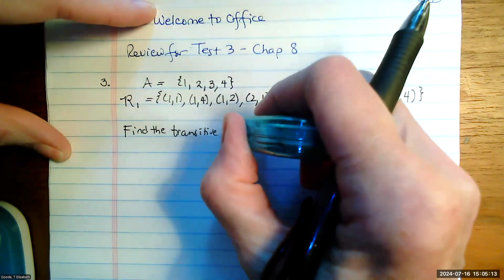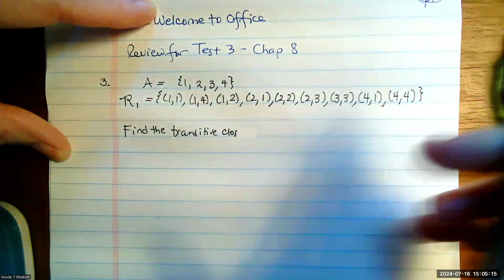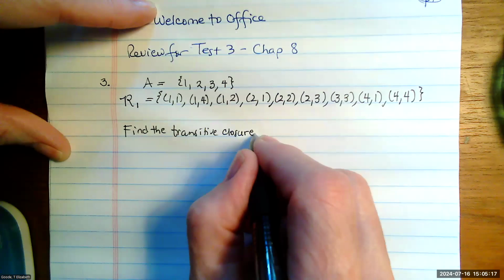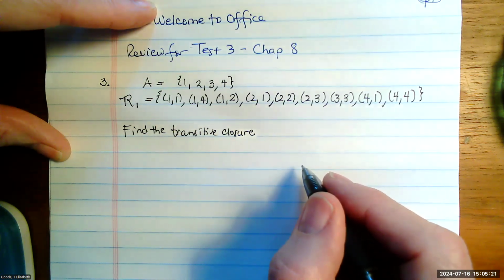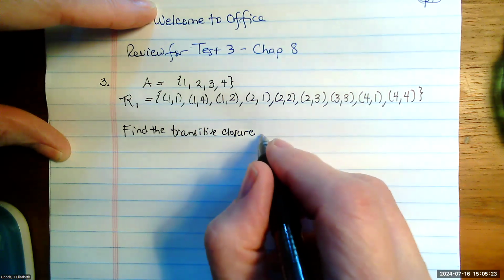As you look at these ordered pairs, we're going to look to satisfy the hypothesis of transitivity, right? And then check the conclusion follows.